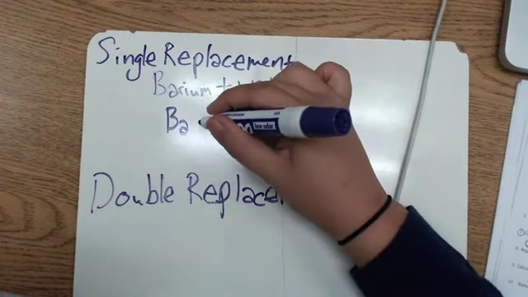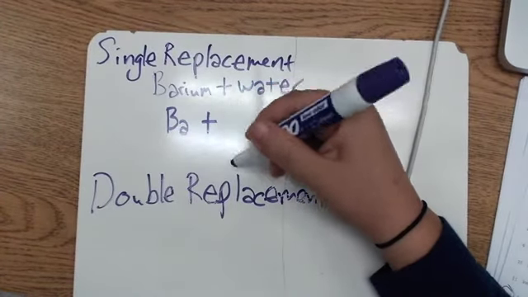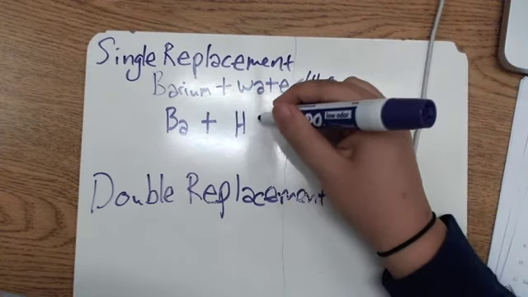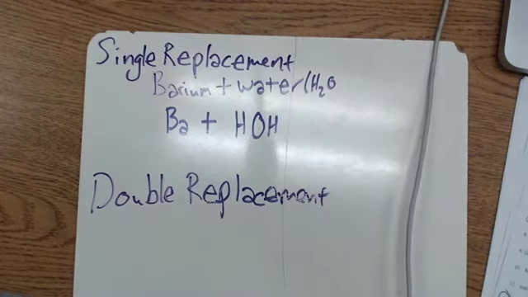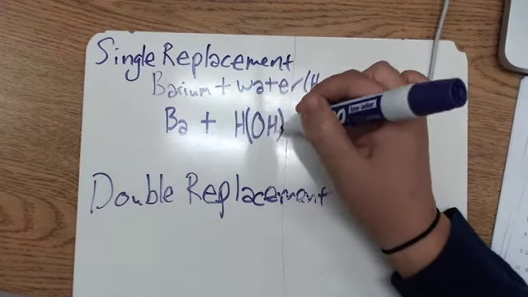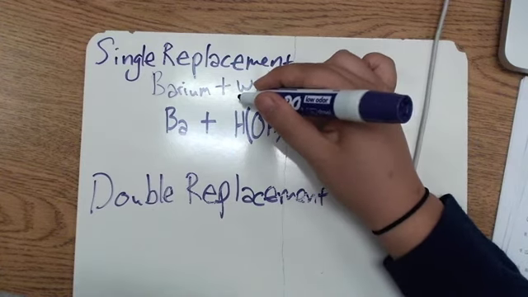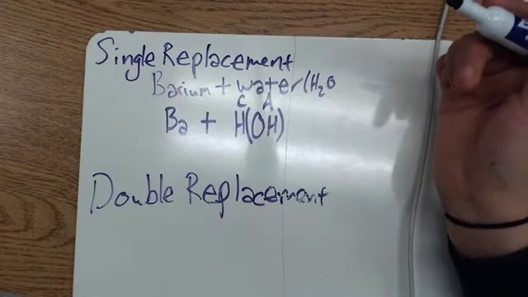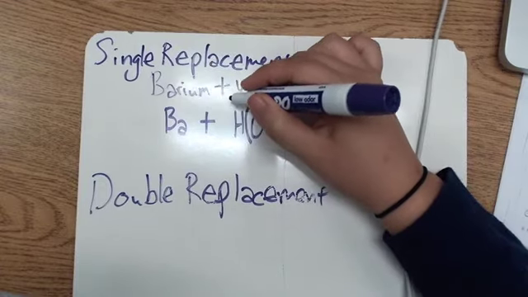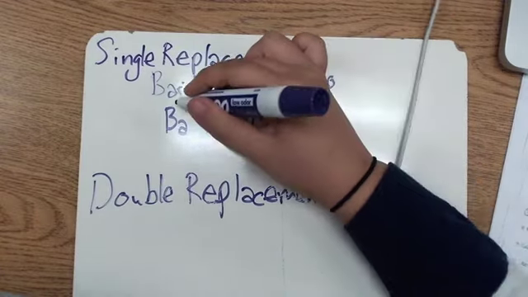Plus water, and in this situation, you want to write water, which is H2O, as HOH. That is because you want to be able to know how to split things up. OH is going to be an anion. H is going to be my cation. If it is easier for you to say metal and non-metal, fine.